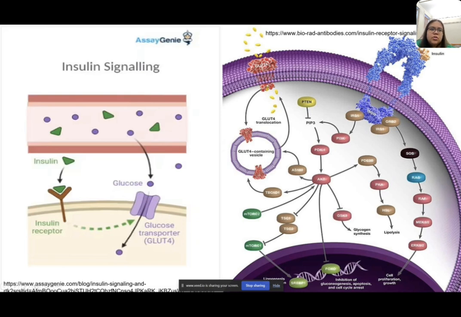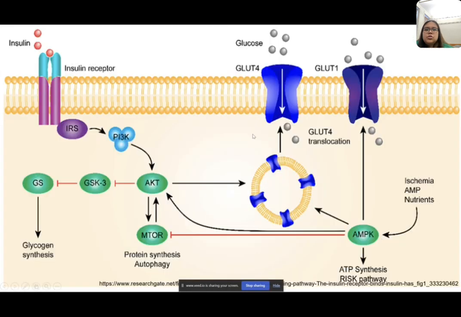Here's a beautiful detailed picture of it and how it can start from here, and then it would go off to all these other proteins and messengers. And then here's another graphic of it as well. That's a little bit more in between of the two pictures I just showed. It would dimerize upon phosphorylation.